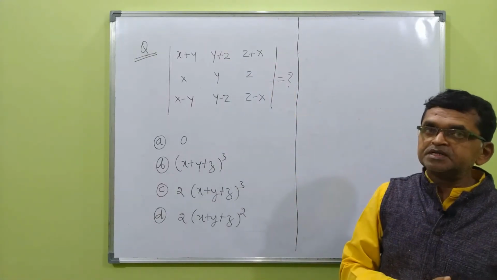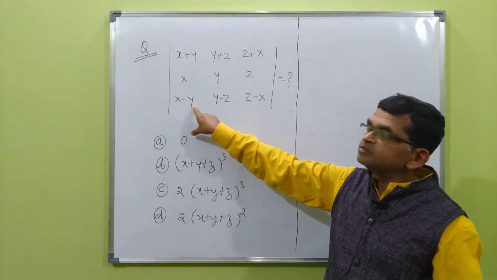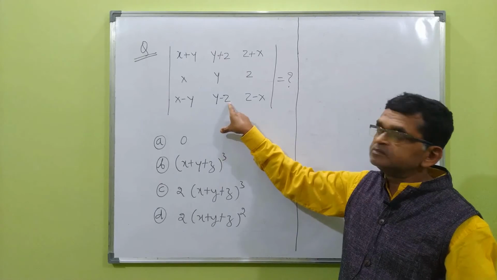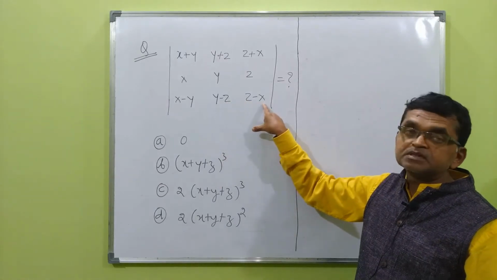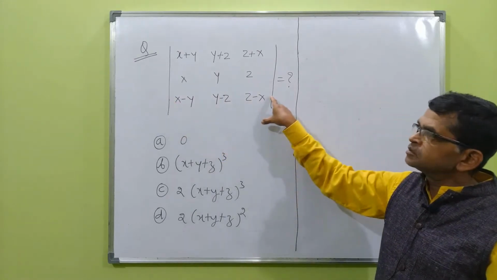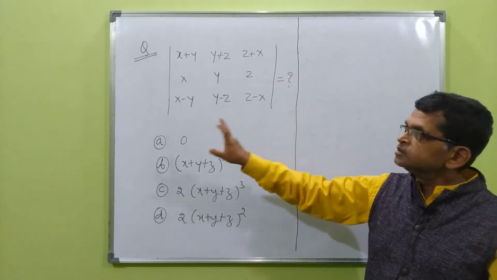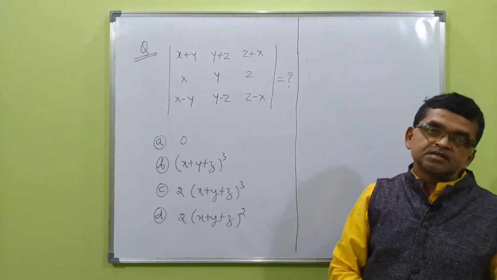One of the advantages of taking 1 is that here x minus y will become 0, y minus z becomes 0, z minus x becomes 0. So all the elements of the last row are 0, which means ultimately the value will be 0. So option A is the correct answer.